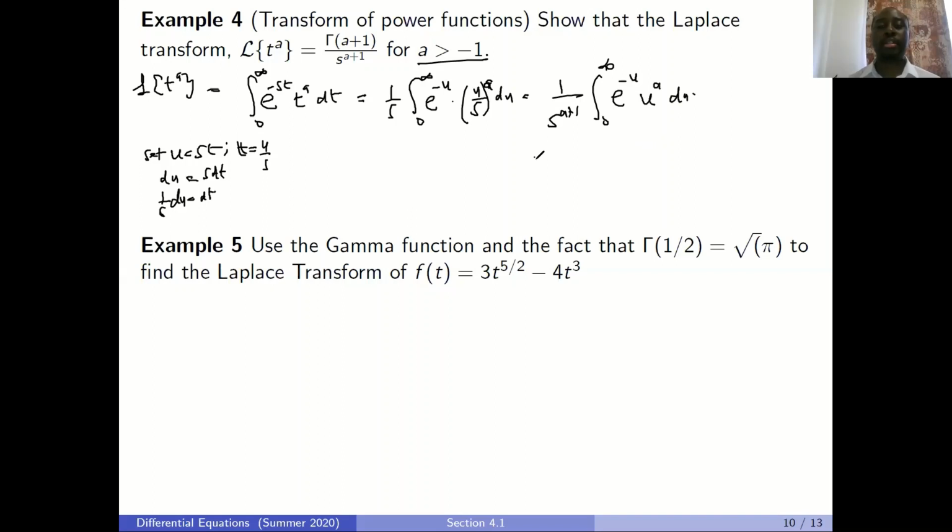Now I can write this as 1 over s to the a plus 1, integral from 0 to infinity, e to the minus u, u to the a plus 1 minus 1 du. Right. And now if you refer to the definition of the gamma function, notice that this integral here is just gamma of a plus 1. Okay. So that implies that the Laplace transform of t to the a is actually gamma of a plus 1 divided by s to the a plus 1.